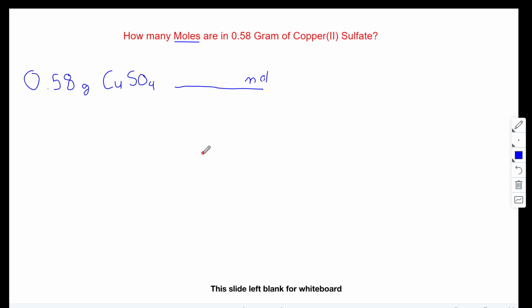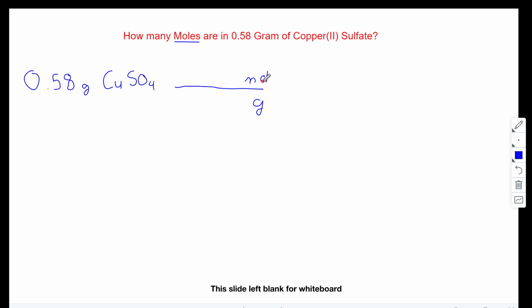I understand it's only 2 letters difference. However, laziness is just ingrained in the chemist. And then the last thing is the unit that we want to get rid of. We're looking for moles of copper sulfate. Therefore, we want to get rid of this grams because we don't want grams, so we're going to throw it away.